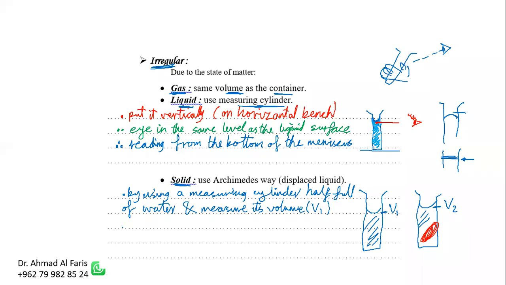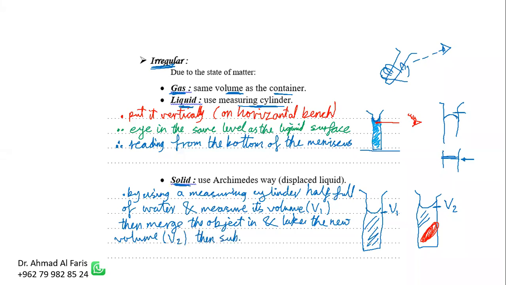Then immerse the object in and take the new volume, that's V2. Then subtract: the volume of the stone or object, Vs, equals V2 minus V1.